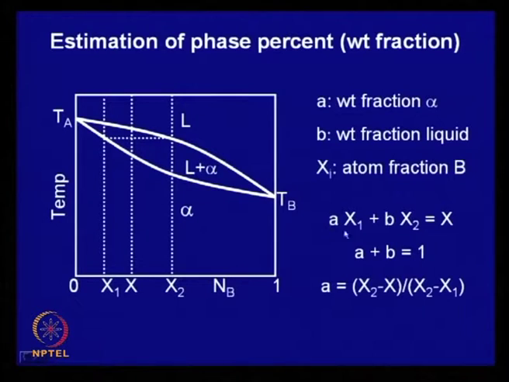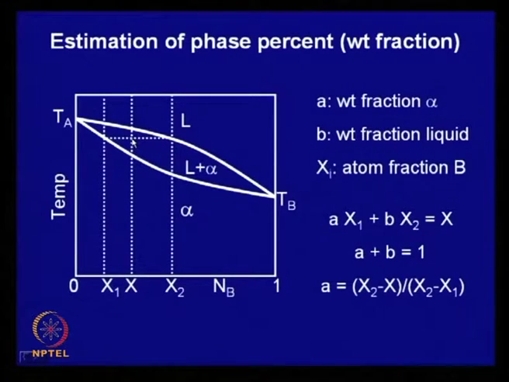And again the weight fractions A and B are related: A plus B equals 1. So, if you substitute here, replacing B in terms of A, and do a little bit of algebraic simplification, you will find A comes out to be x 2 minus x over x 2 minus x 1. Look at what is x 2, x 2 is this and x is here.